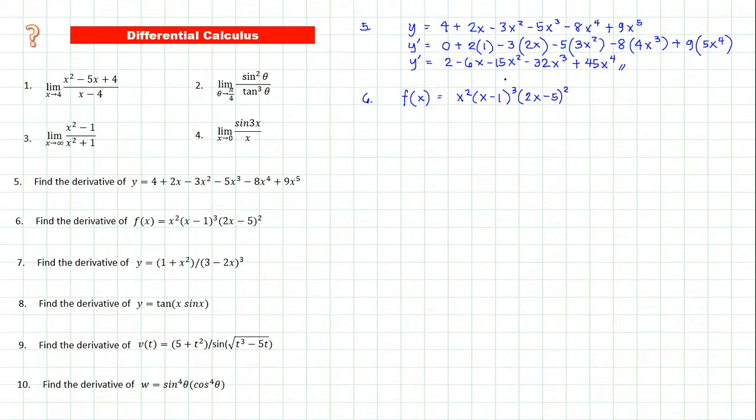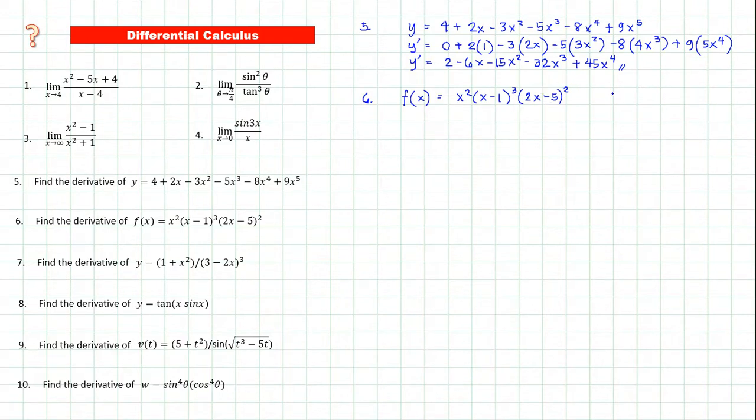The problem is we have three terms in this particular function. We have x squared, we have x minus 1 cube, we have 2x minus 5 raised to the second power. So, ang gagawin natin muna dito is kailangan maging dalawang term lang muna siya. No? Although, pwede nyo naman gawin yung product rule muna dito bago yung product rule sa isa.